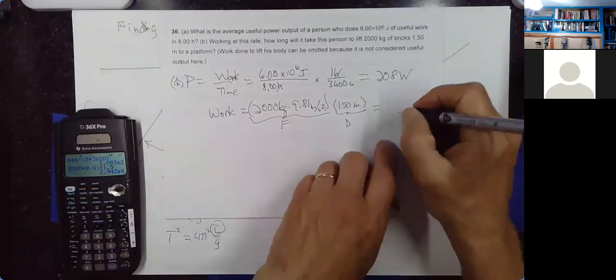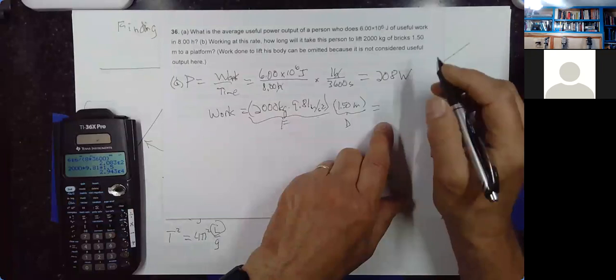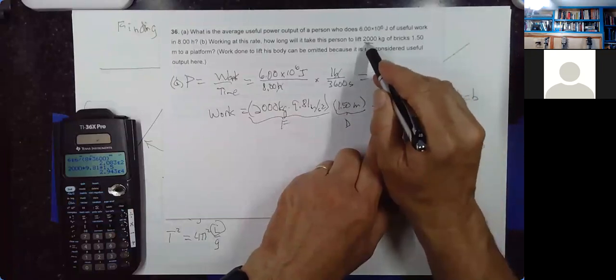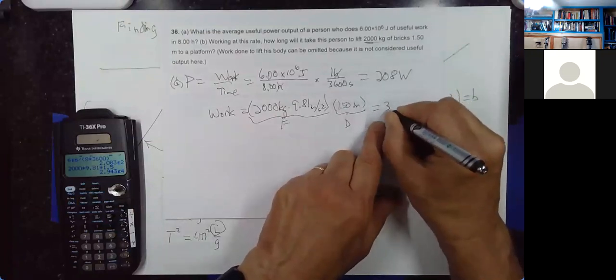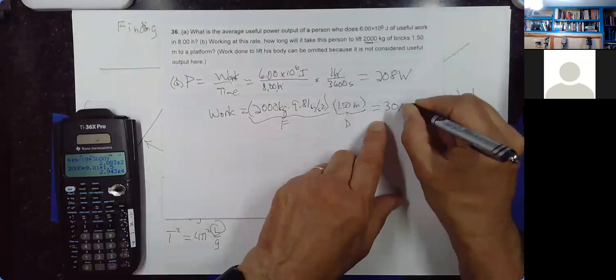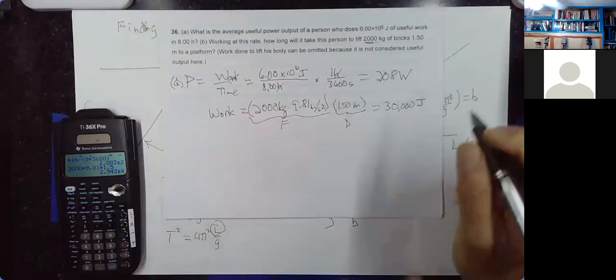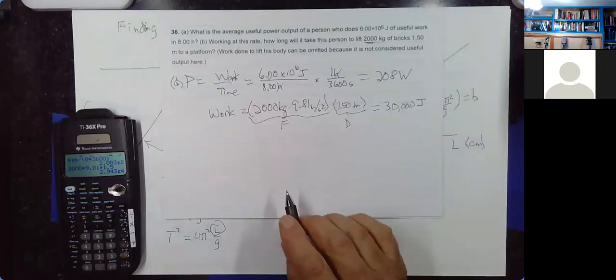And I get about, let's see, we don't know how many sig figs this is, but I'm just going to call it 30,000 joules of work. Newton meter is a joule, so that's what we have.